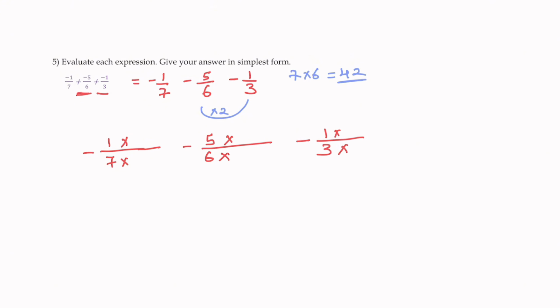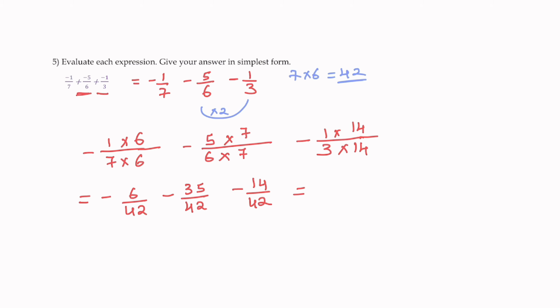And multiplication here. 7 times 6 gives me 42. 6 times 7 gives me 42. 3 times 14 gives me 42. And done, which is minus 6 over 42 minus 35 over 42 minus 14 upon 42.